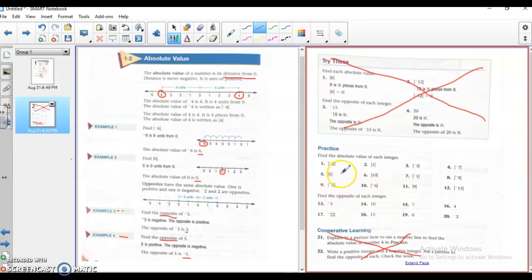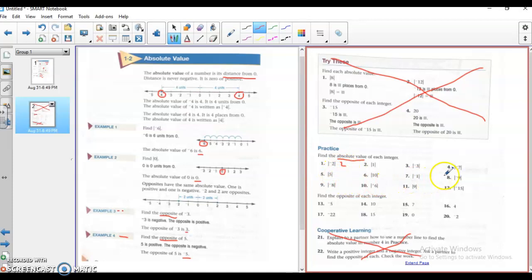So let's do an example in each section. Again, the directions for numbers 1 through 12: find the absolute value of each integer. So again, the bar means absolute value. It's a -2. So if I was to go over to our number line, there it is, -2, it would be 2 units from 0. All absolute values are positive.